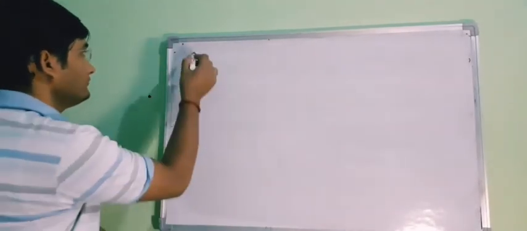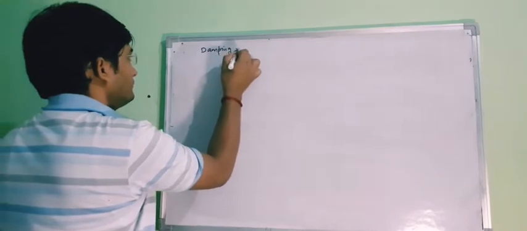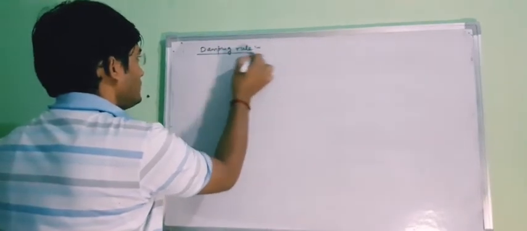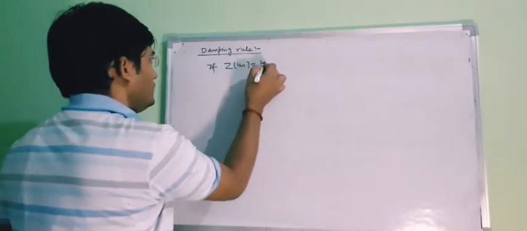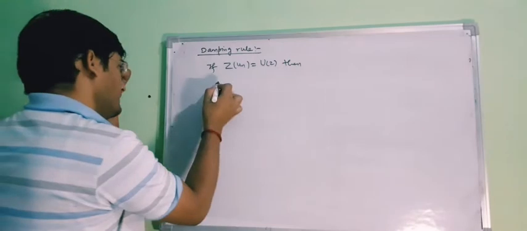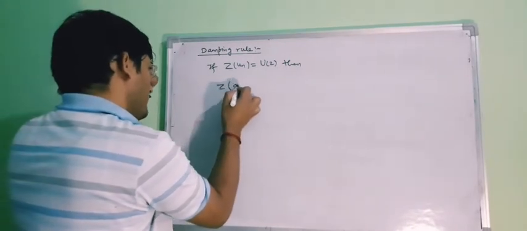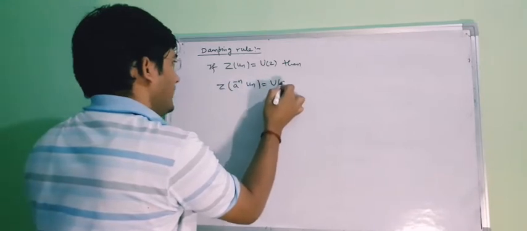the damping rule. So if your Z transformation of u(n) is equal to U(z), then the Z transformation of a power minus n of u(n) will be U(az).